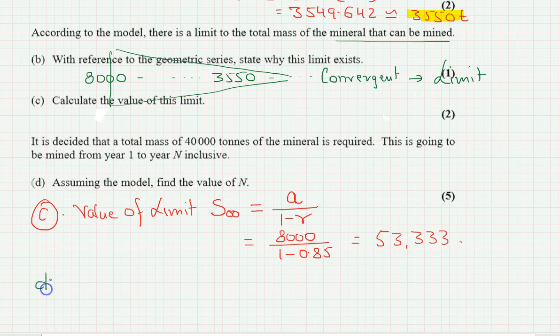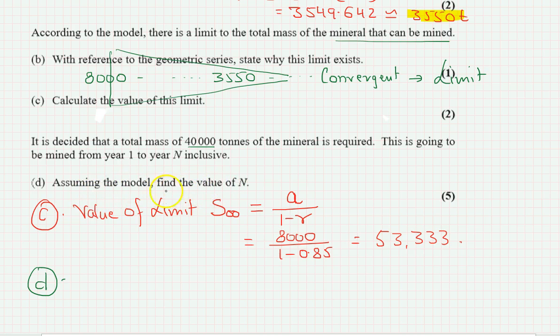Part D. It is decided that a total mass of 40,000 tons of this mineral is required. This is going to be mined from year 1 to n years. We know the total we can mine is 53,000, but the total mass needed is 40,000.